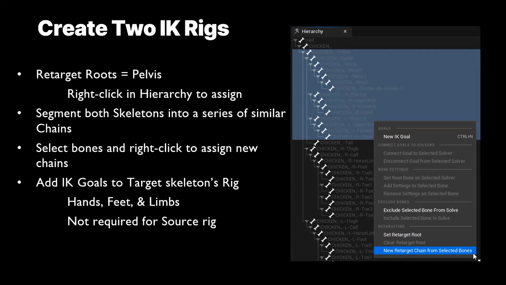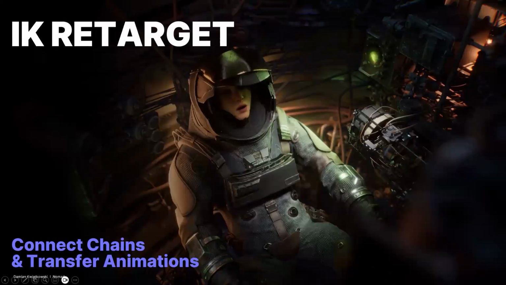Once we've done all that, each one will be set up with the right click and assign new chains. And then we're going to add IK goals to the target skeleton's rig. This is good for the hands, feet, limbs, but it's not required for the source rig. All right. And then after that, we'll connect the chains and we'll transfer animations.